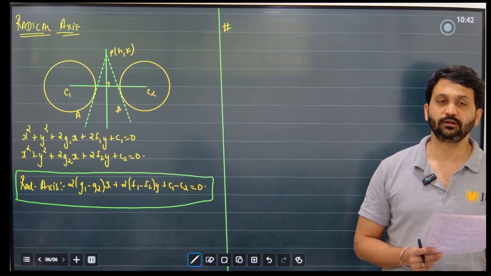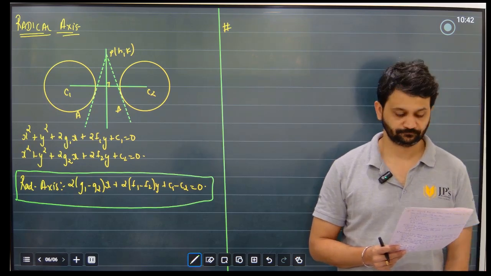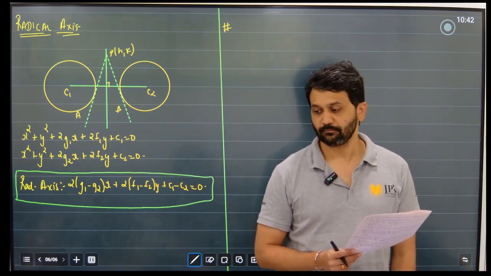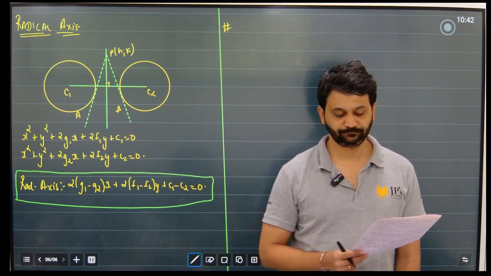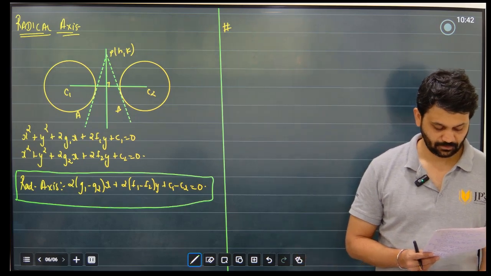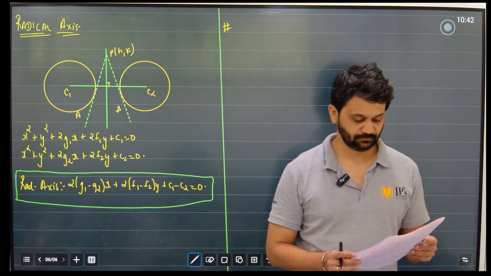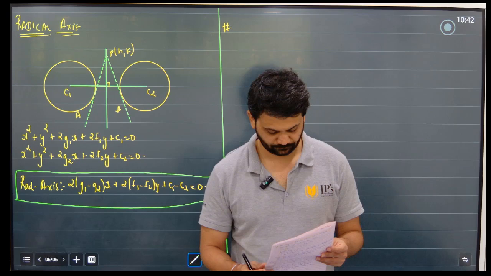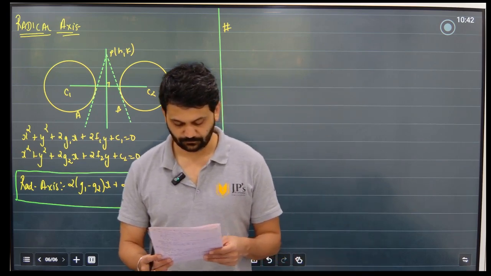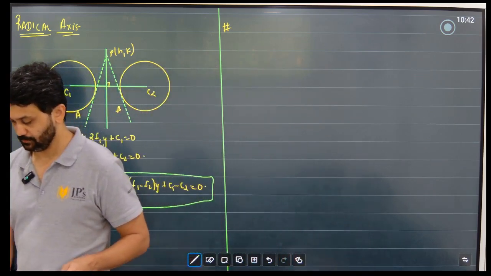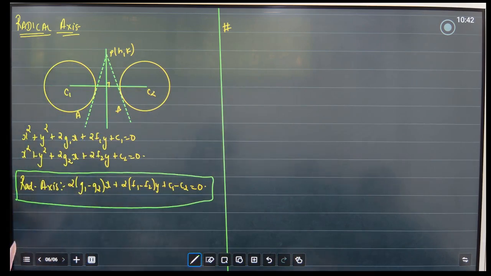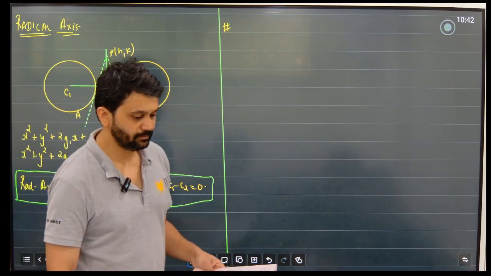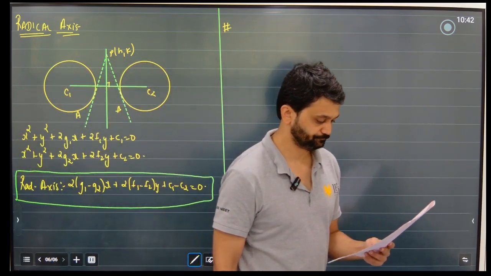But it is not necessary that the radical axis passes through C1, C2; it is perpendicular to C1C2.